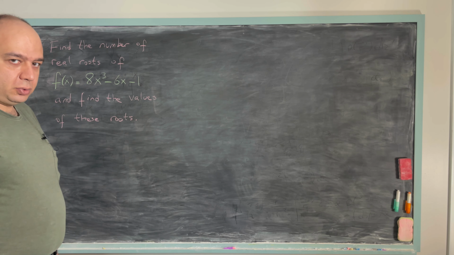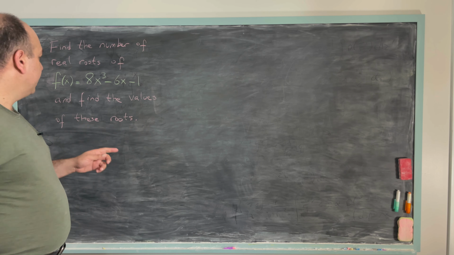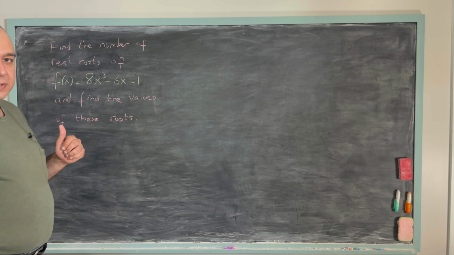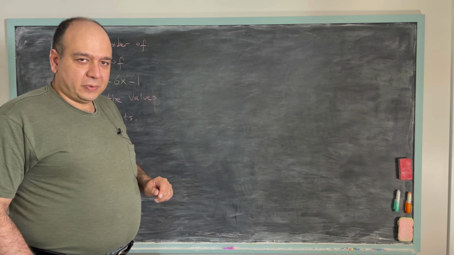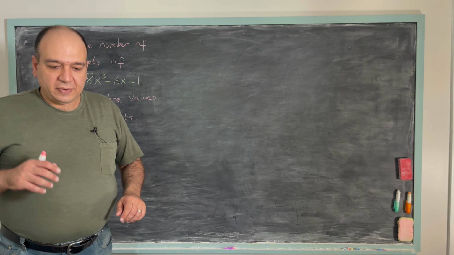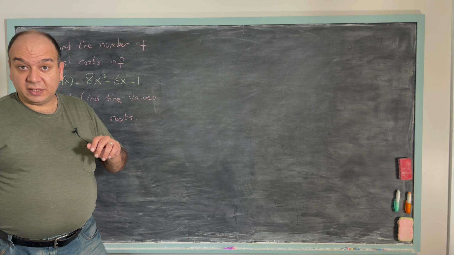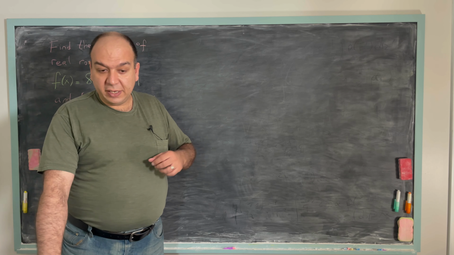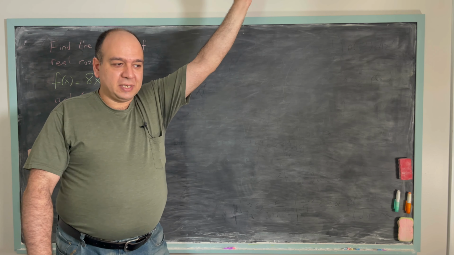The first thing that we need to notice here is that when x goes to negative infinity, this function goes to negative infinity, right? And when x goes to positive infinity, this function goes to positive infinity. And as you know, polynomial functions are continuous.